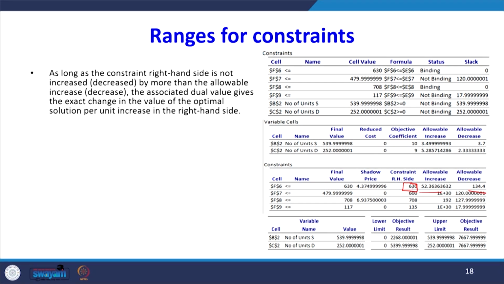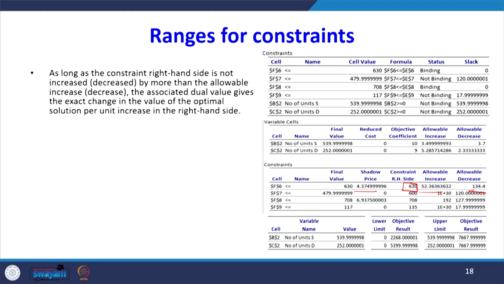If you increase the right hand side value to 630 plus 52 or decrease it to 630 minus 134, your dual value will remain the same. What is that? The shadow price will remain the same. That is the meaning of this range of constraint. Actually, what is happening here? When you add additional resources, the feasibility region increases if the constraint is of less than or equal to type.